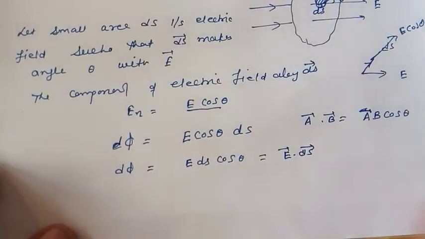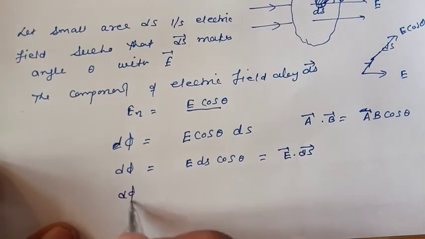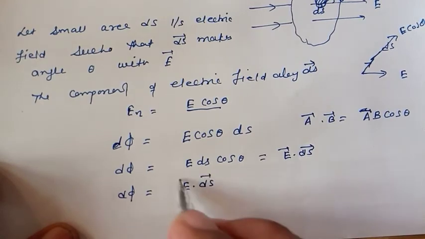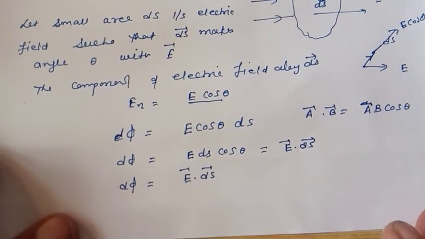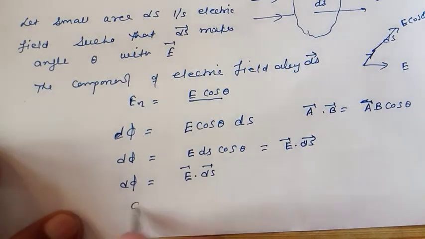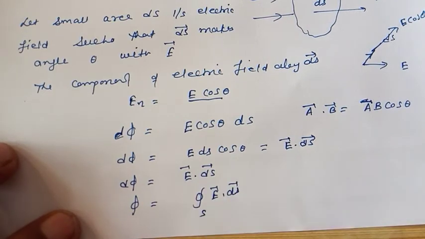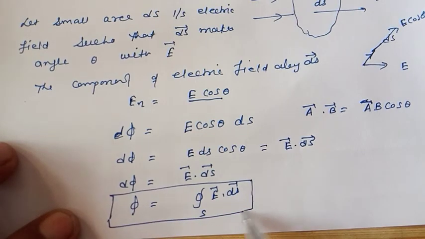So now this is the small electric flux related with small area. Now if we have to find total electric flux, then we have to integrate. So phi equal to integral of E dot ds. It means electric flux is equal to surface integral of electric field.